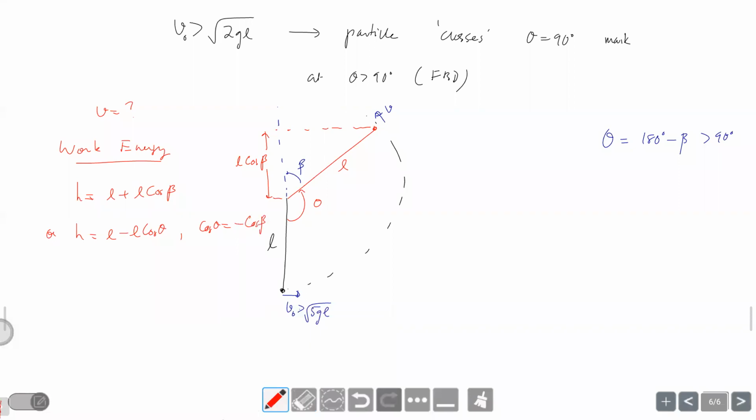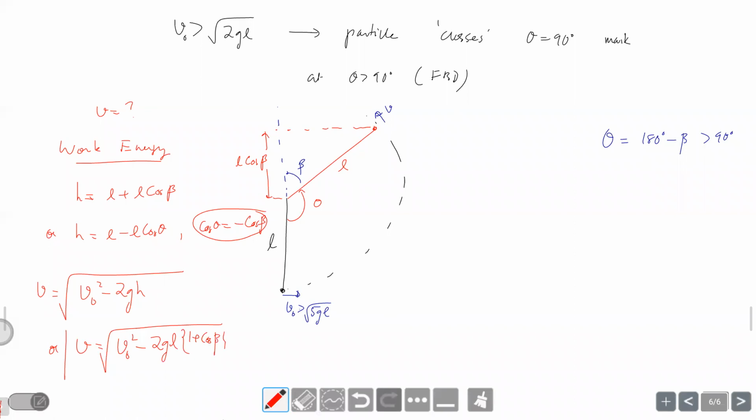That's why it's easier to just work with beta. It's okay. So now our V will become the square root of V naught square minus 2GH, or if we write it in terms of beta, there's a plus sign.